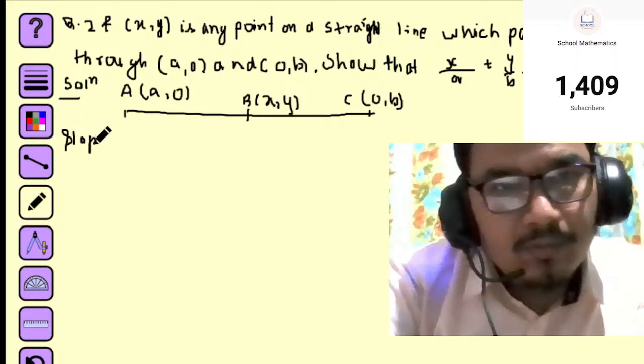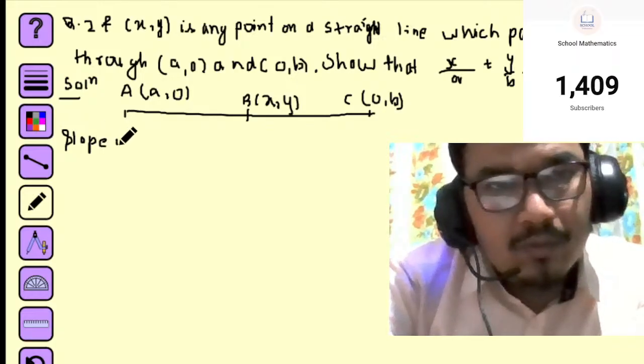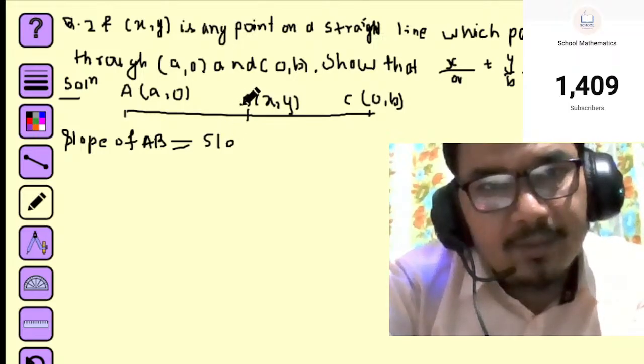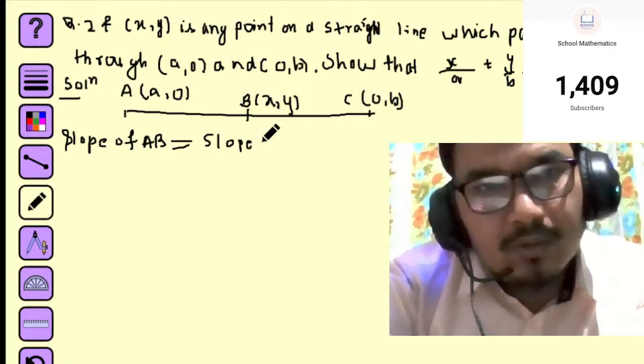Slope of AB equals slope of BC, because they are collinear, that's why their slope will be equal.